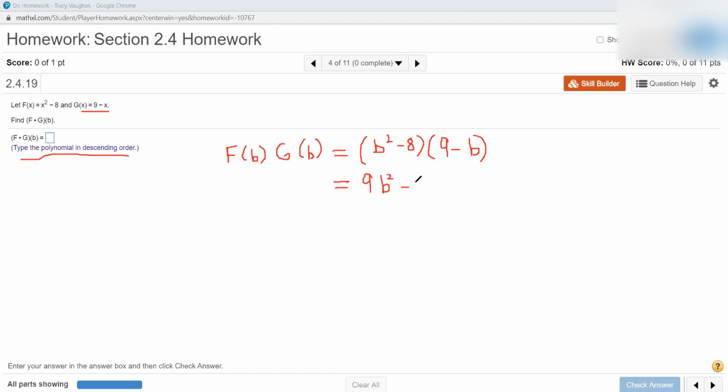Outer terms together will be b squared times negative b, which is negative b cubed. Inner terms together would be negative 8 times 9, or minus 72. And then last terms together will be negative 8 times negative b, or 8b.